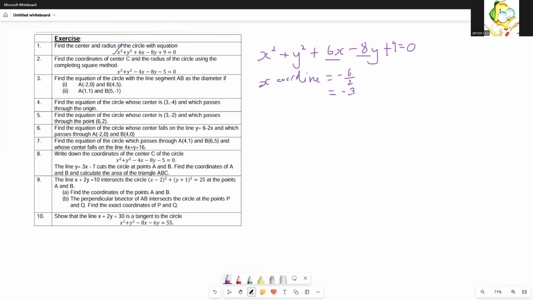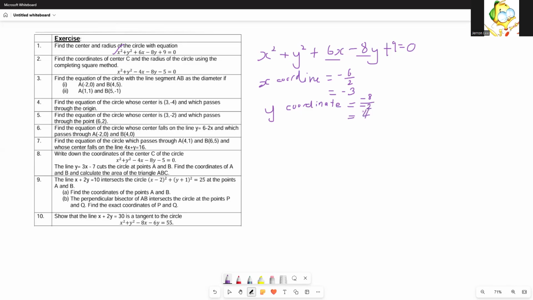You must always divide by 2 because if you complete the squares, you will realize that you have to divide the 2ab term by 2. It has to be negative 3 and not positive 3 because x equals negative 3, so when you move it to the left side, it becomes x plus 3, which satisfies your condition for 6x. The same thing applies to y: that will be negative 8 divided by negative 2, which is equivalent to 4.